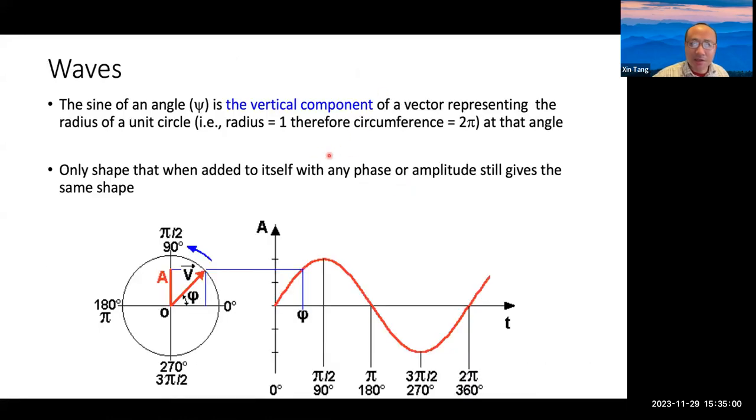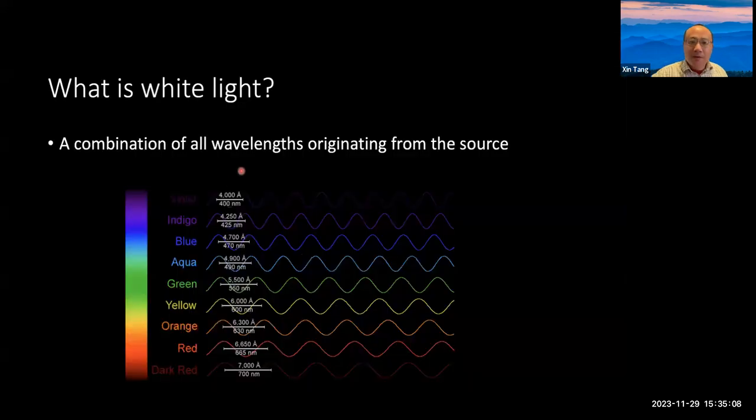Also here, this is the characterization of the waves. Now, if we look at light as a wave, another important property you will find useful is that light actually consists of different frequencies. Different frequencies give different energy of the photon, because for each photon the energy is h mu.